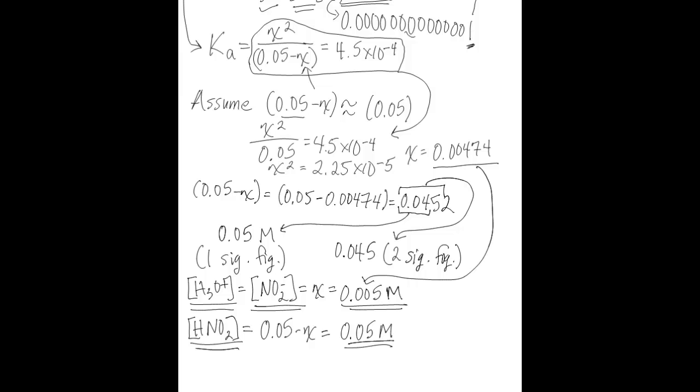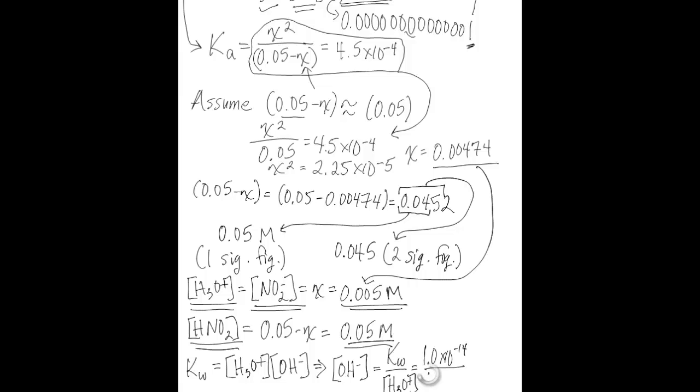Another species that needs to be solved for is the hydroxide ion concentration. We know that Kw is equal to the hydronium ion concentration times the hydroxide ion concentration. So using this relationship, we can solve for the hydroxide ion concentration by dividing Kw by the hydronium ion concentration, which we now know. So we just take 1.0 times 10 to the negative 14th.